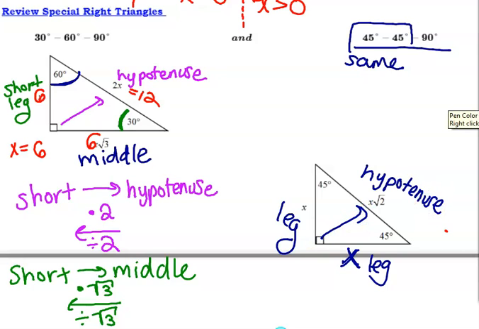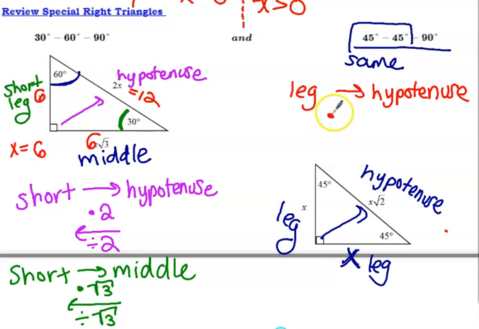So if I want to get from a leg to the hypotenuse, I times by √2, but if I want to go the opposite way, I'm going to have to divide by √2. Something we're going to have to remind ourselves of is when we have to rationalize the denominator, because dividing by a square root of 2 creates that issue.